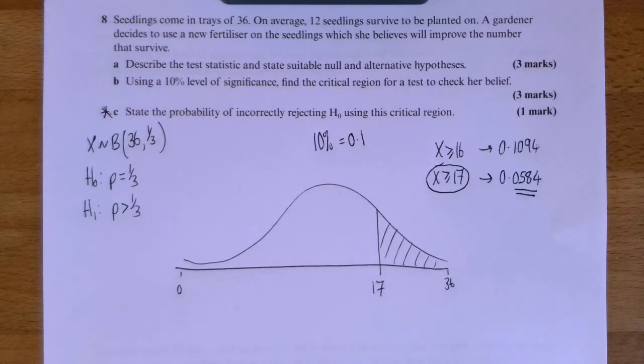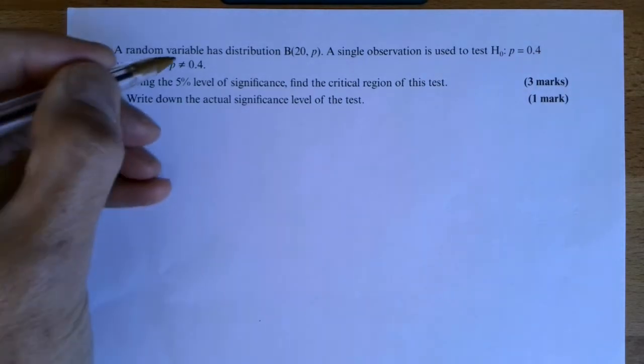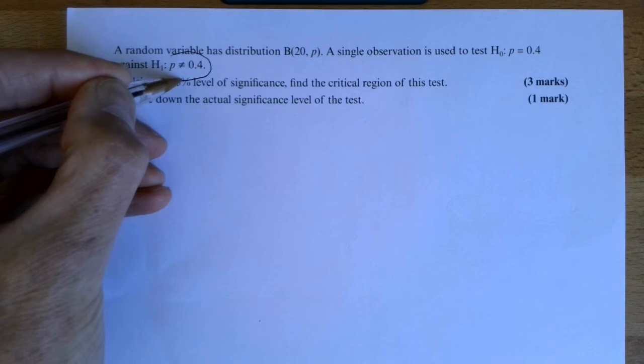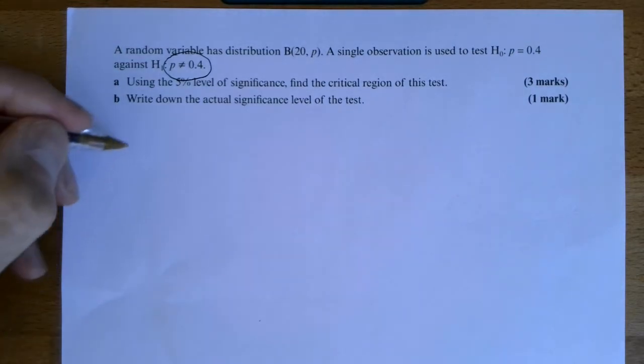So there we go. Let's move on today then. Let's play a game of spot the difference. Can you see how this question differs from the ones we've done previously on hypothesis testing? It's here. In this question, we are not testing to see if the probability is greater than 0.4 or less than 0.4.